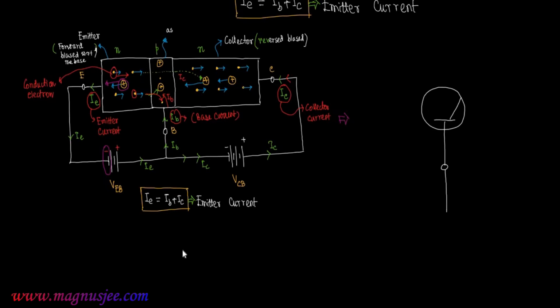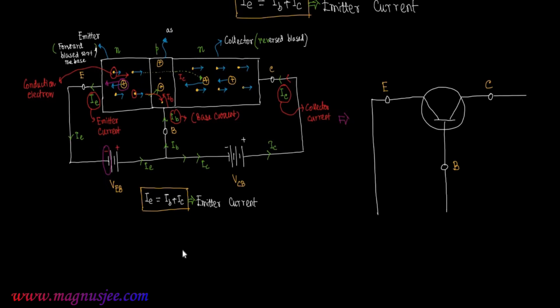And two inclined elements are actually the emitter and collector. This element is the collector, this element is the base, and we can draw the other element of this NPN transistor, which will be the emitter. That is the logic symbol of the transistor.